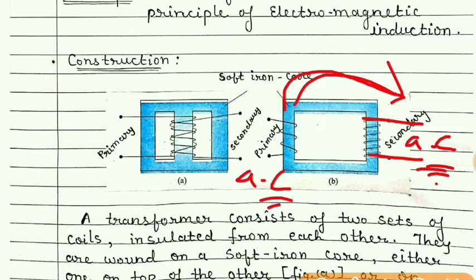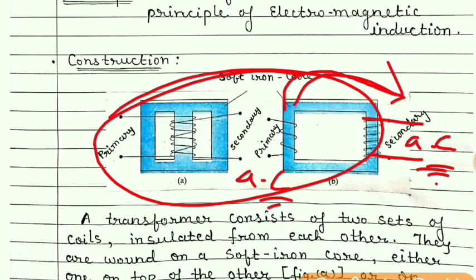So it is clear that a transformer is used either to increase or decrease the AC voltage. A transformer cannot work on DC. There should compulsorily be an AC source applied to the primary coil.